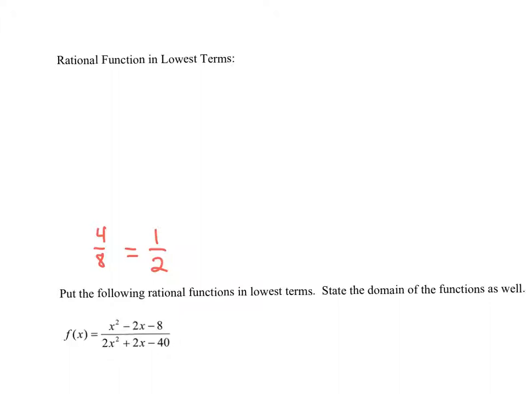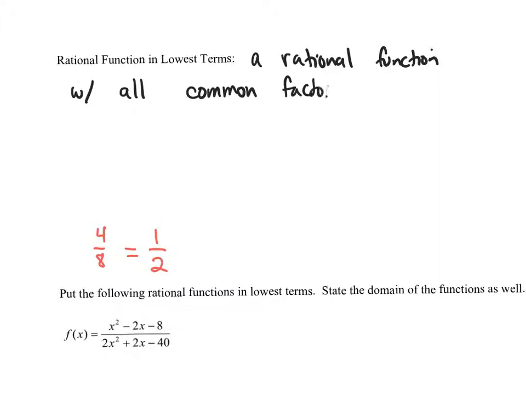So for a polynomial function, something that's going to be in lowest terms is just going to be a rational function with all common factors canceled out. So if we think about this fraction, 4/8, it's in lowest terms because there's no factor that can cancel it.